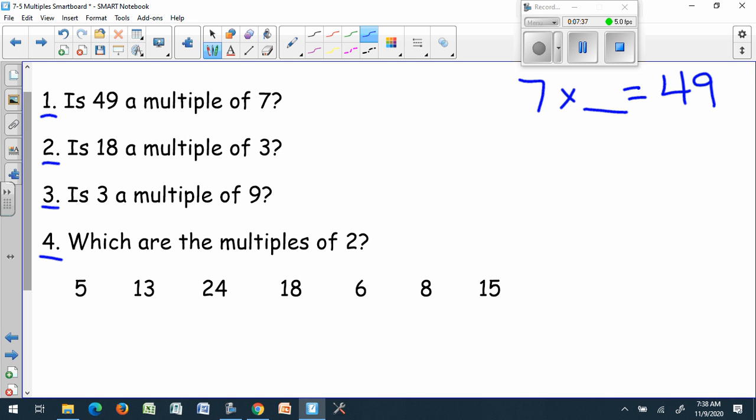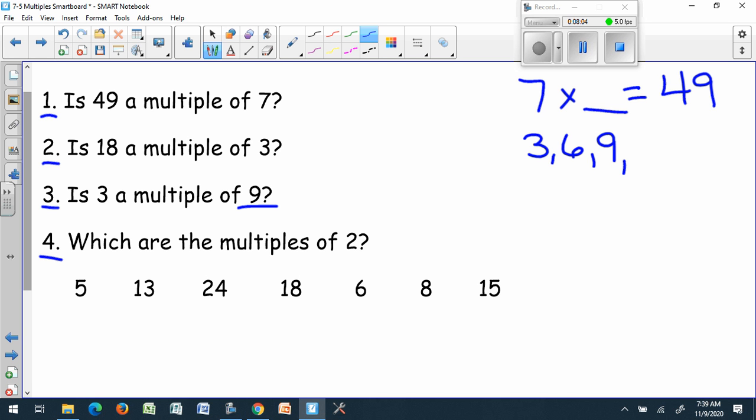Number 2, is 18 a multiple of 3? So if I skip counted by 3s, would I get to 18? You can pause the video, do some work, and write a yes or no for that one. Is 3 a multiple of 9? Okay, so now I need to count by 9s. I need to think of my 9 facts.